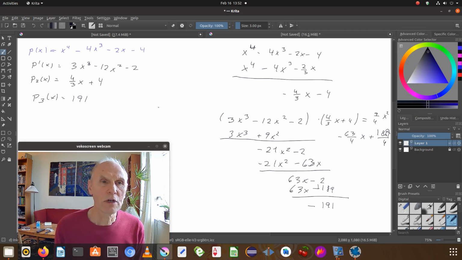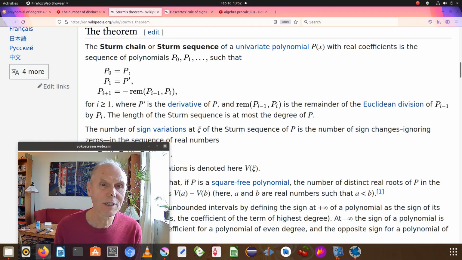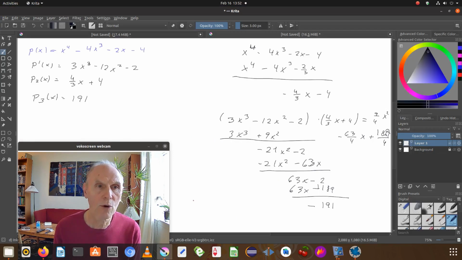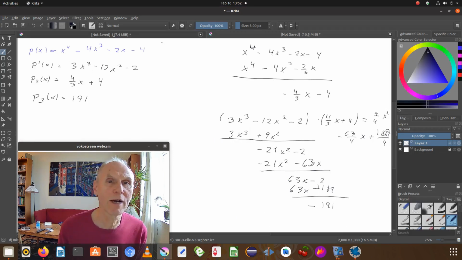So, Sturm's theorem; I just have to read it. The number of sign variations at the Sturm sequence. All right. To find all the real roots, we let x go to minus infinity: plus, minus, minus, plus.